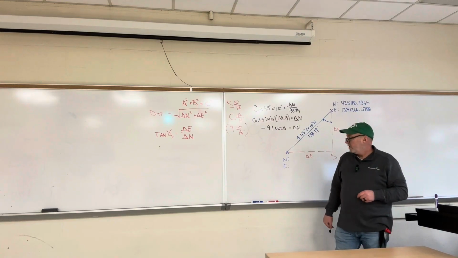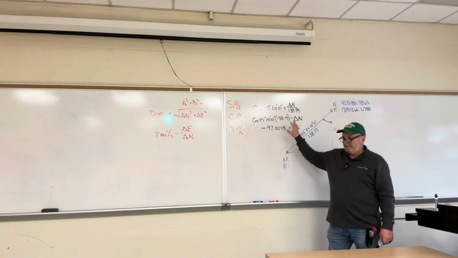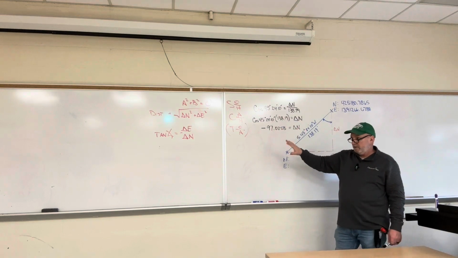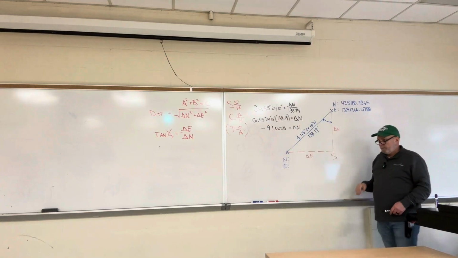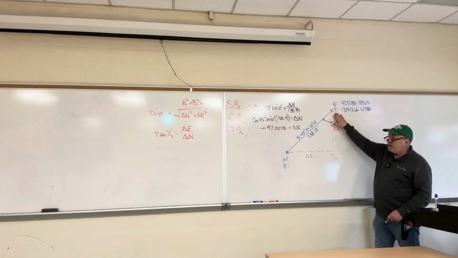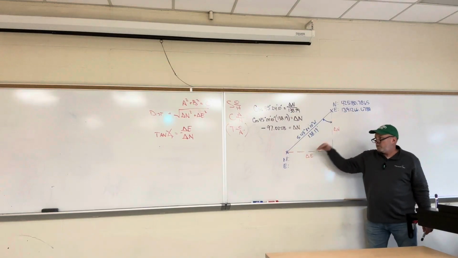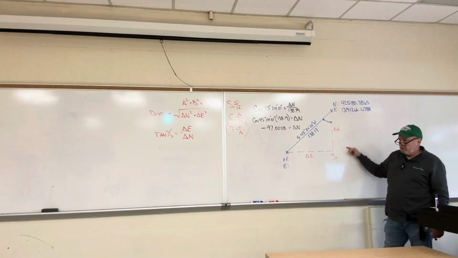It is to be negative. However, when you do the math, you're not going to get this negative number. Correct, but we know we're going in a southwest direction, so we know we're going down. So our northing would be negative.